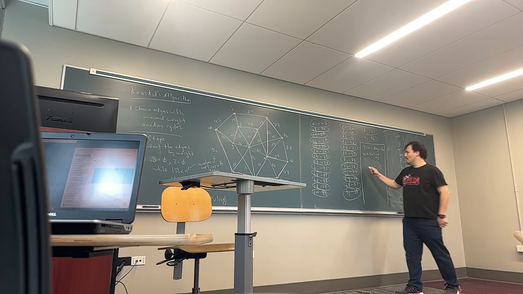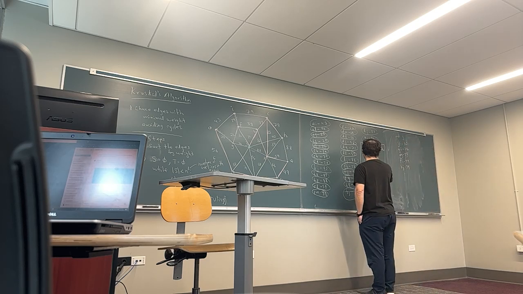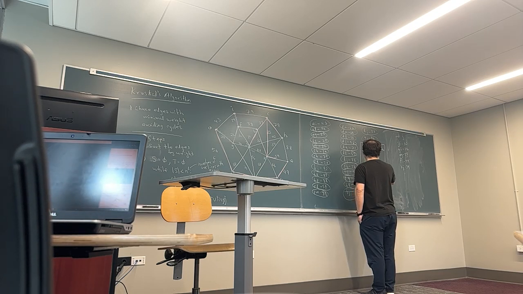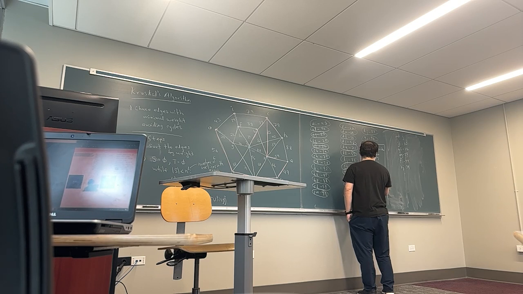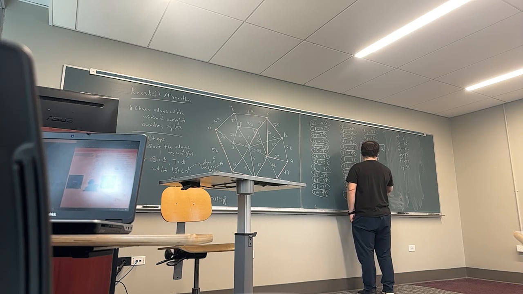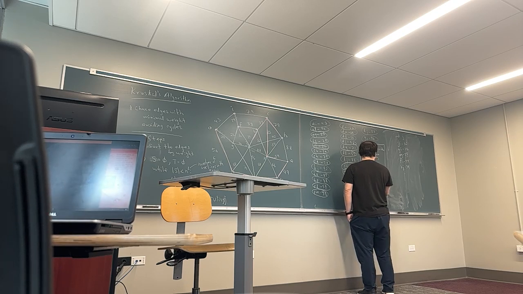So here the steps are: pick a root, and then you're going to do a while loop where you choose a vertex, a light edge that builds a tree.